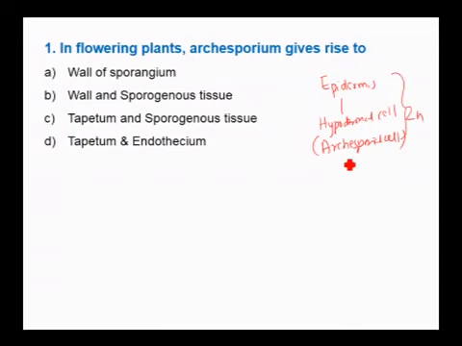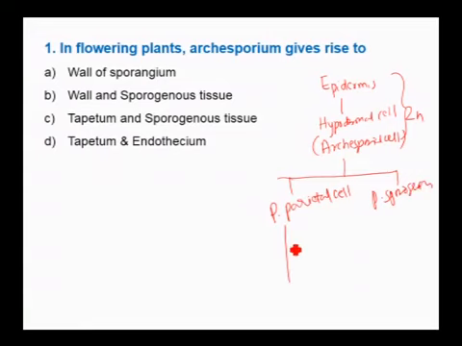A sporophyte. Archisporial cell divides to produce a primary parietal cell and primary sporogenous cell. Primary parietal cell is the one which gives rise to the layers endothecium of anther wall, middle layers and the tapetum.